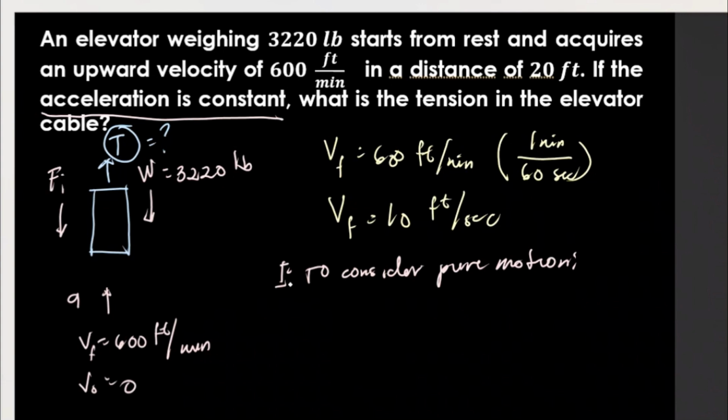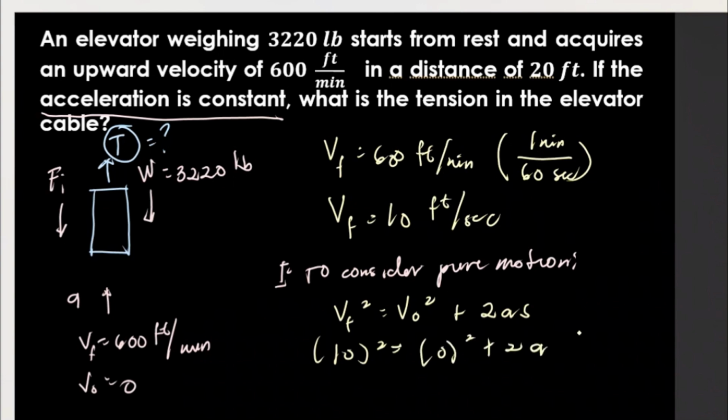Using that, we have our equation Vf squared is equal to V0 squared, or V sub O squared initial, plus 2as. So we have 10 squared is equal to V sub O squared, which is 0, plus 2 times A. The S is given here, the travel distance of 20 feet upward, stated in the problem as a distance of 20 feet.